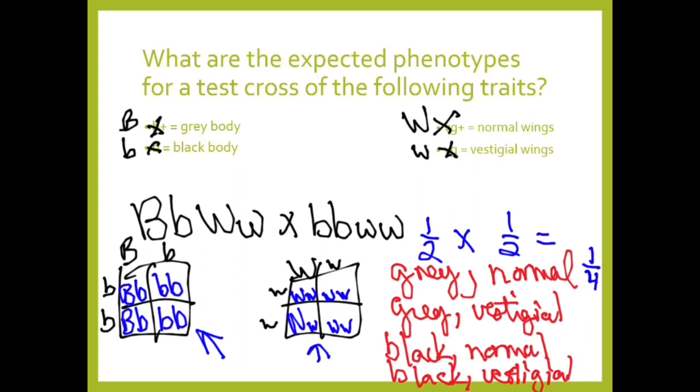As I go down through the list, gray and vestigial, vestigial is also 50%, so 50% times 50% is 1/4. As I go down, I'll find that the probabilities of the expected phenotypes are 1/4, 1/4, 1/4, 1/4. So I basically have a 1-to-1 ratio.